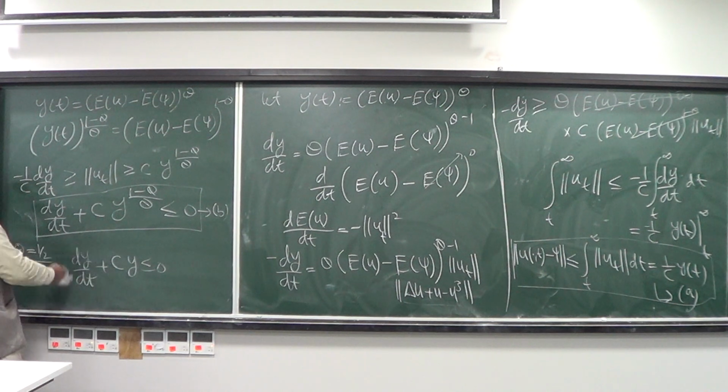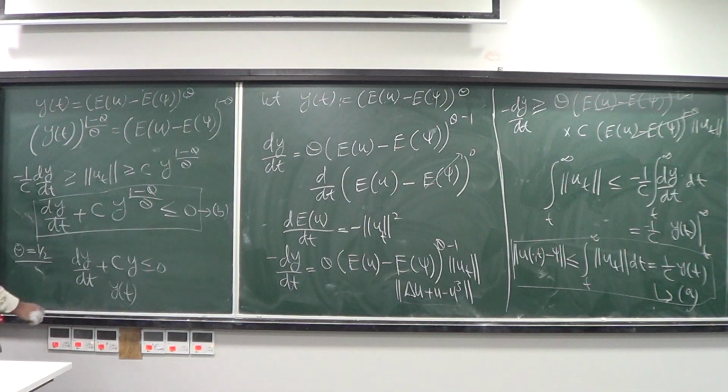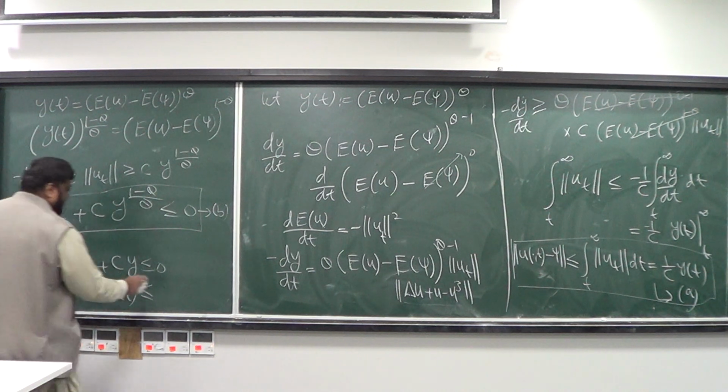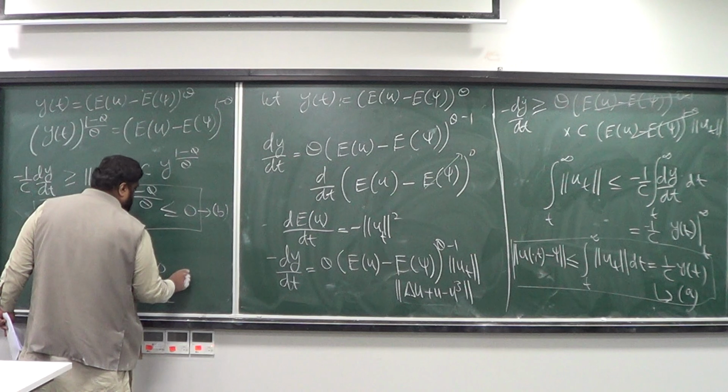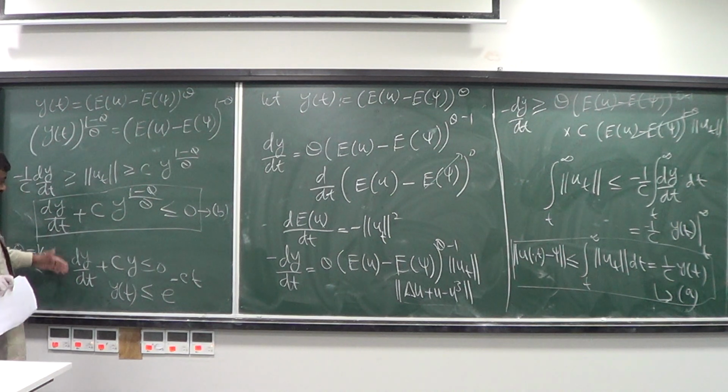In other words, you can easily deduce that the solution of this inequality is that y of t is less than or equal to your required constant, e to the minus some constant t. So the solution of this inequality is this.